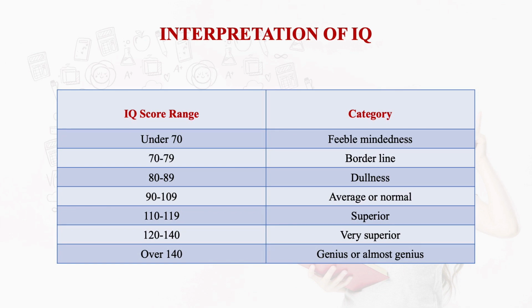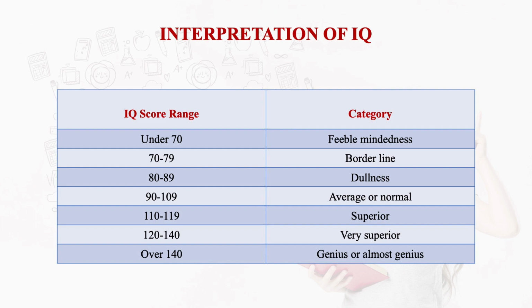Then further, so far as interpretation of IQ is concerned, we can say about the intelligence quotient score range: if it is under 70, he or she will come under the category of feeble mindedness. If it is within 70 to 79, then it is borderline. If it is 80 to 89, it is dullness.